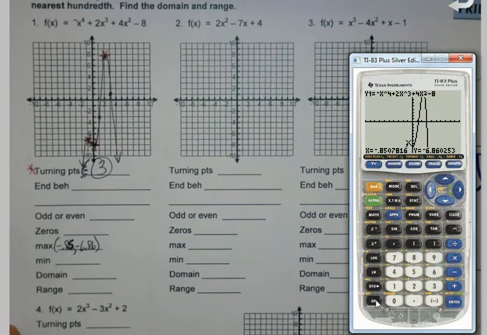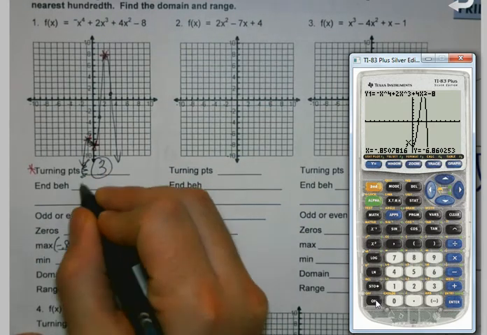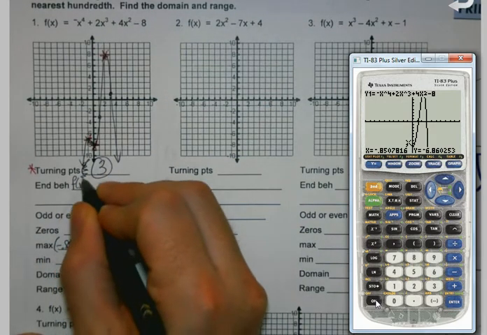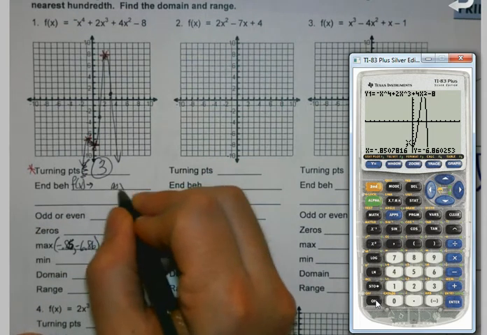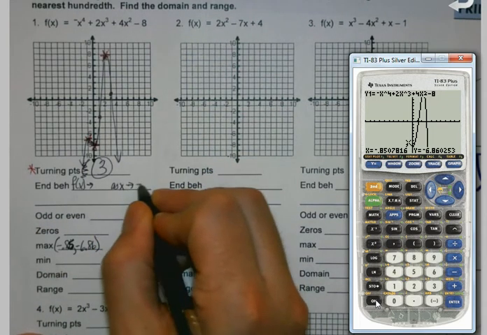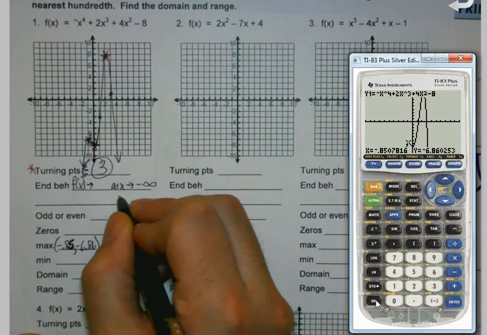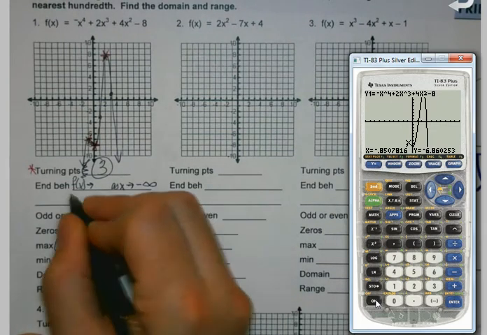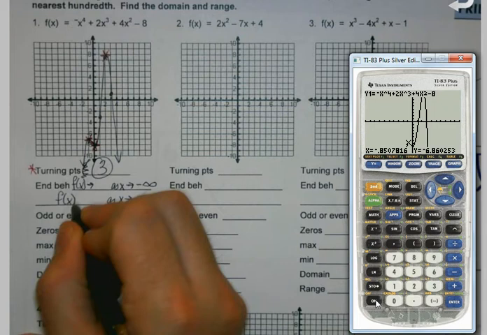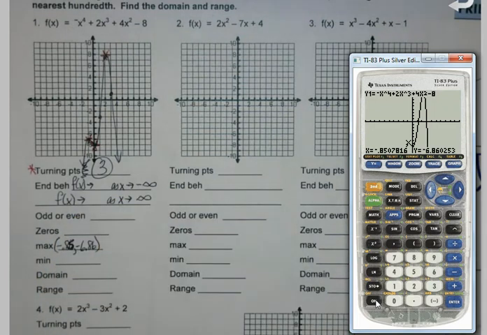So then, as I work my way down, my end behavior, remember, that's when we've got our f of x approaching negative infinity or infinity as x approaches. And with my x's, one will always be negative infinity and one will always be positive infinity. So I have to take a peek at what's going on.